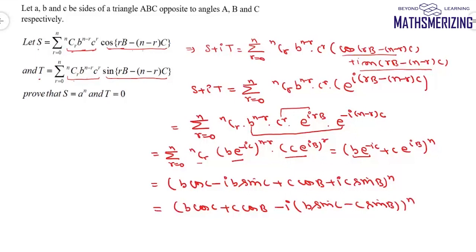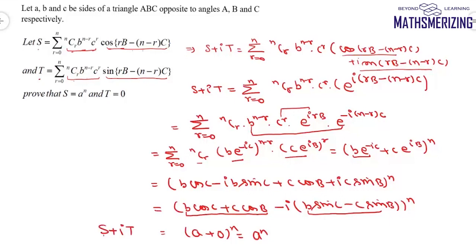Now in a triangle ABC, we know this result that b cos C plus c cos B is a. So that's your projection formula. And then we also know that sin C upon c is equal to sin B upon b, which is the sine rule. And in this case, b sin C minus c sin B will be simply 0. So this result will be equal to a to the power n.